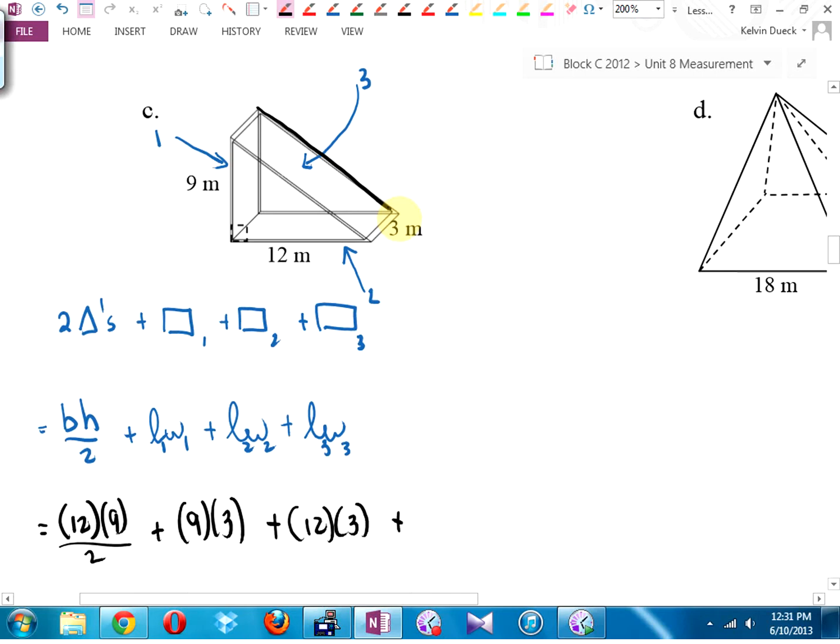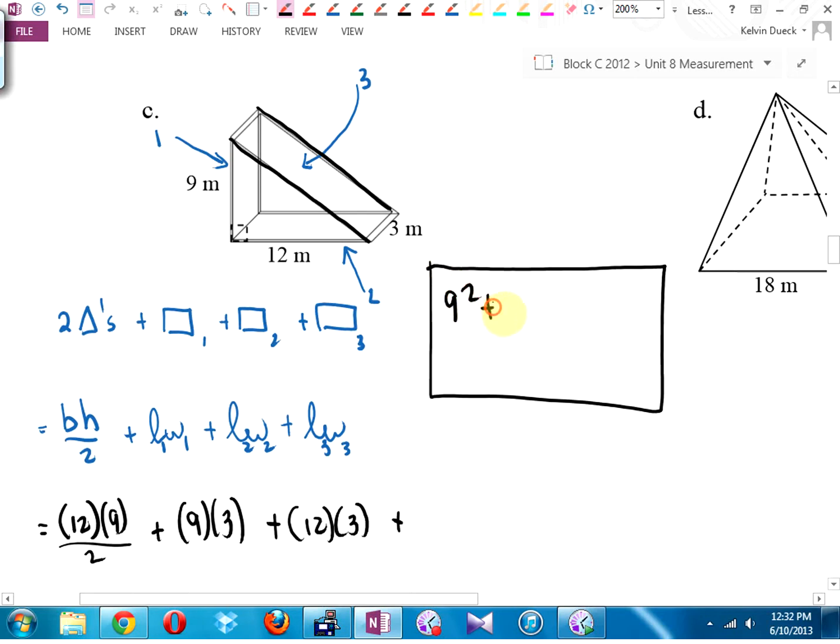Did they tell me that? I must be able to figure it out. Brody's nodding. How? Oh, you're saying it's also this? And I can go Pythagoras? Yeah? So over here, what squared plus what squared equals what squared? I'll call it c squared because it's a hypotenuse.